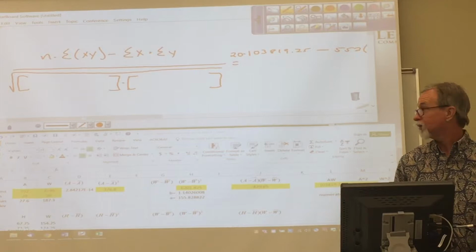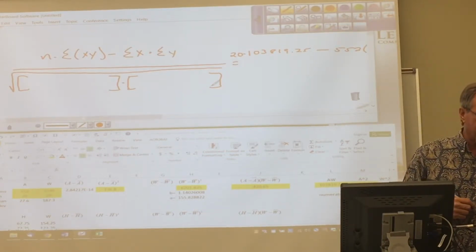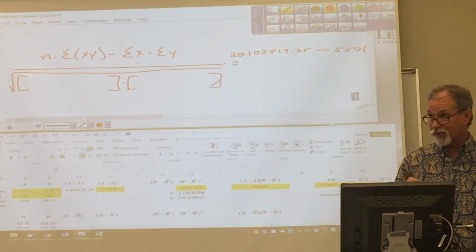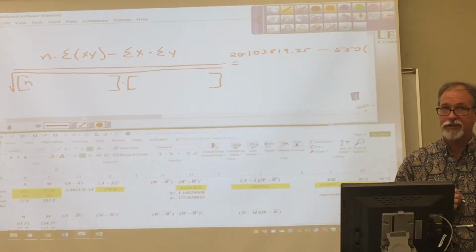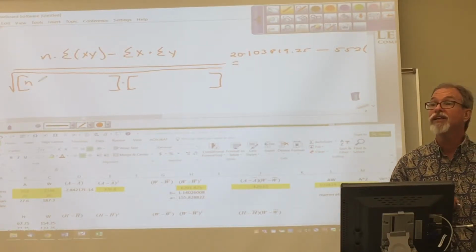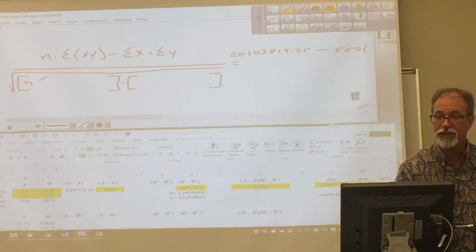Was it brackets or parentheses? Well, either one. Here I normally use square brackets because I use parentheses around the summations. So I'm going to take my n again, which is the count, in this particular case 20.